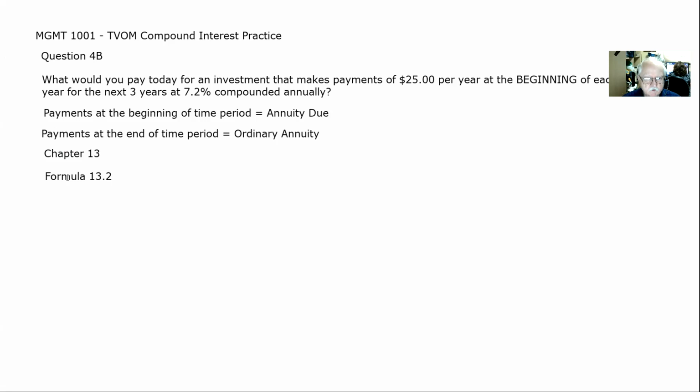So the formula here looks a lot like this.